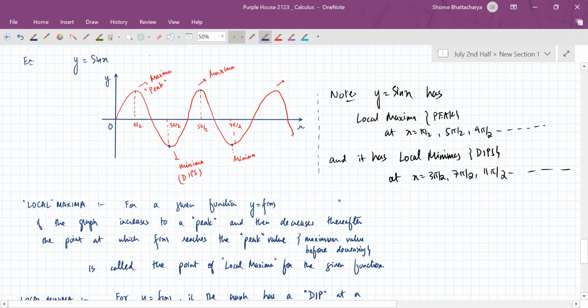But definitely within that local neighborhood, it's the maximum. So we call it the local maximum. Similarly, local minimum. So there might be or might not be a point which is greater than that. Exactly.